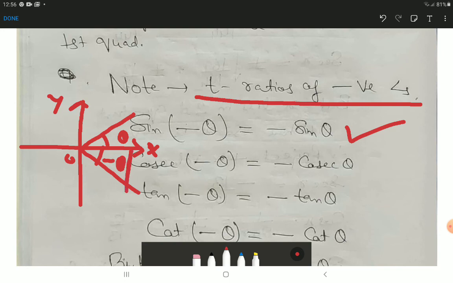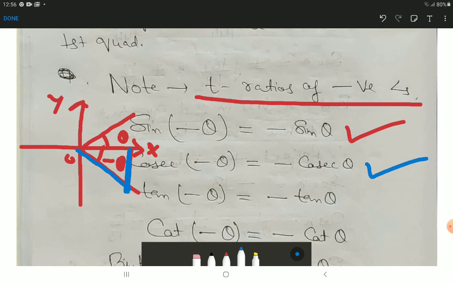And sine of minus theta will be perpendicular upon hypotenuse. In this case, since the perpendicular is below the x-axis, it will be negative and hypotenuse is always positive. So negative upon positive will be negative. So this will be minus sine theta. Similarly, cosec of minus theta is minus cosec theta.